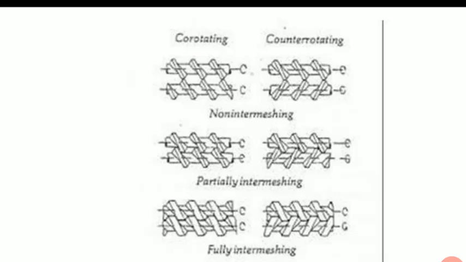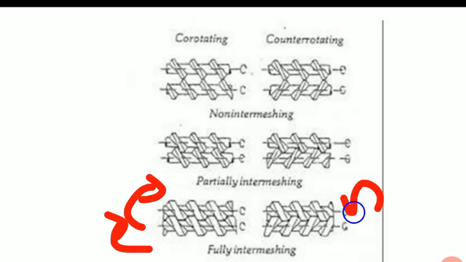This type of twin screw extruders can be further classified as co-rotating and counter-rotating. Co-rotating means they rotate in the same direction.